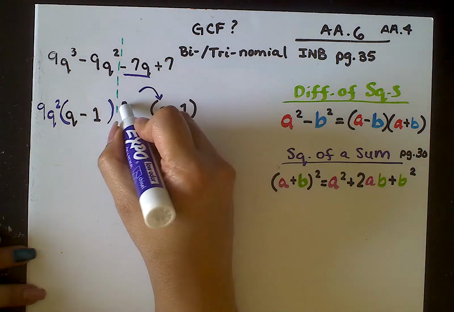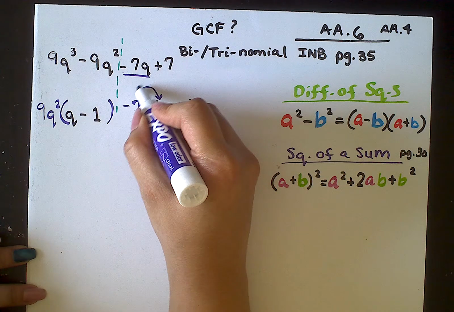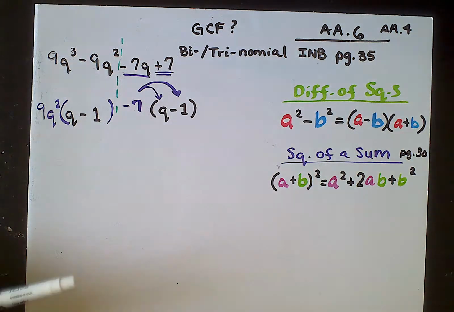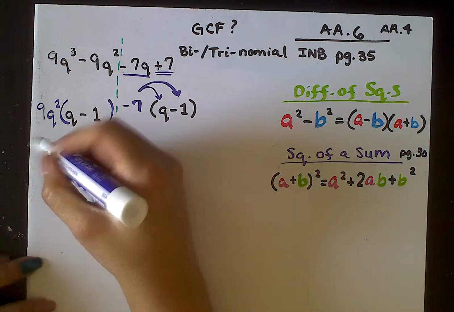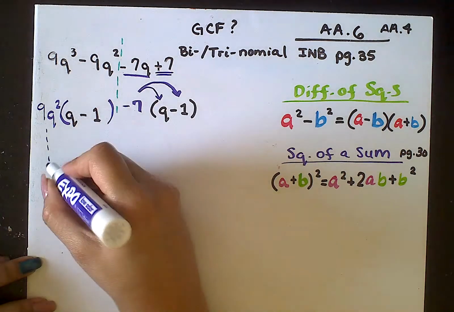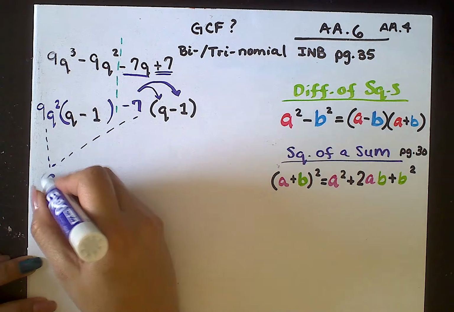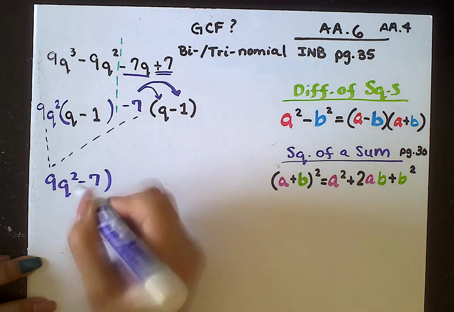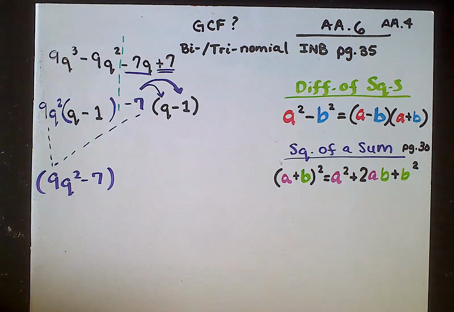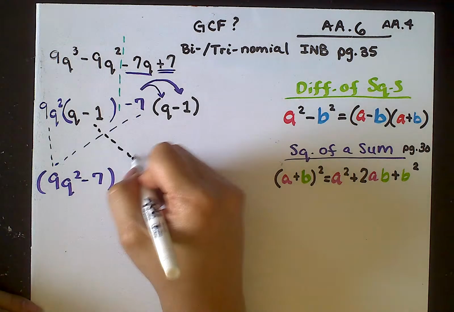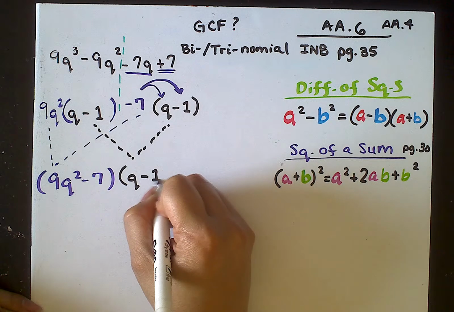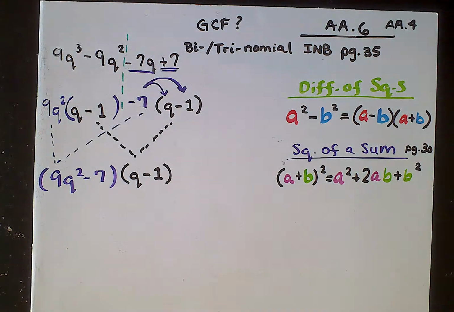Well, sounds like negative 7. And negative 7 times negative 1 gives me positive 7. Perfect. So let's bring down our 2 terms: 9q squared minus 7, and our 2 factors, q minus 1. And that's it. You're done.